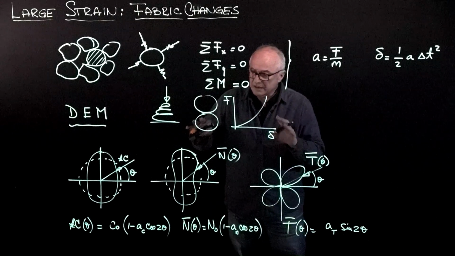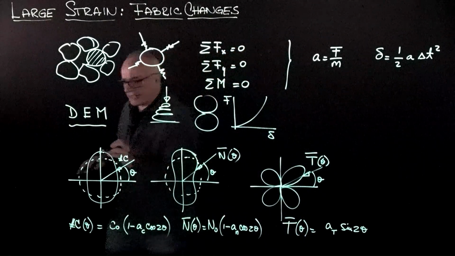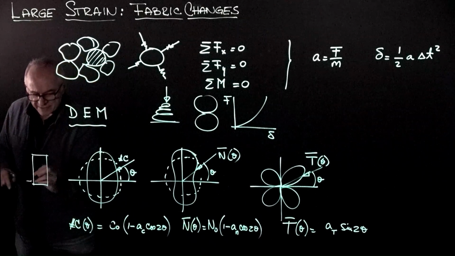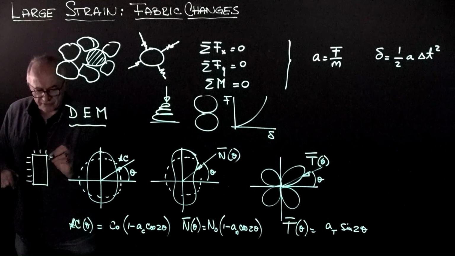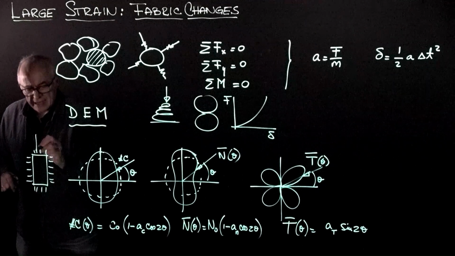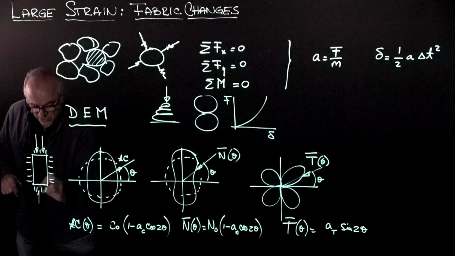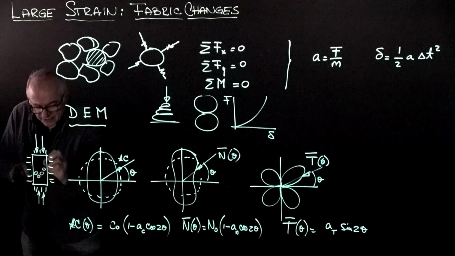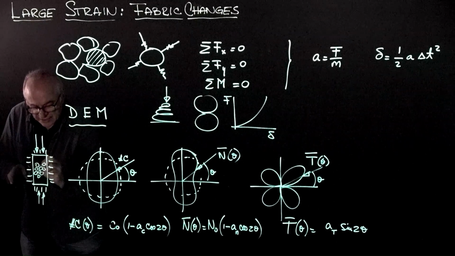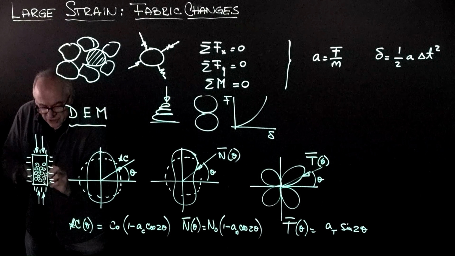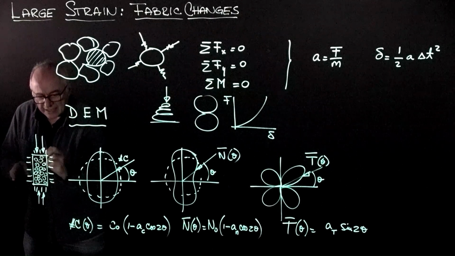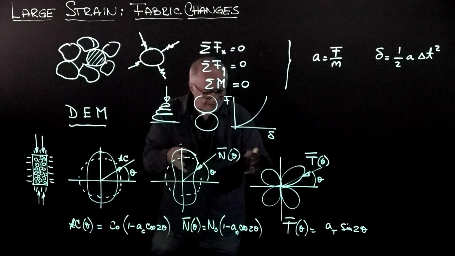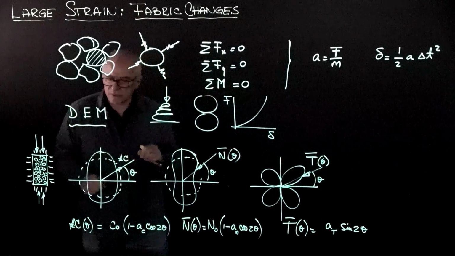By the way, this plot corresponds to the case where I have a triaxial test. I have subjected the specimens to isotropic confinement, and then I apply a deviatoric load. And if I see all the particles, how they are migrating and changing neighbors and changing the contact forces, and I plot this polar histogram or the mean values, this is what I would get.